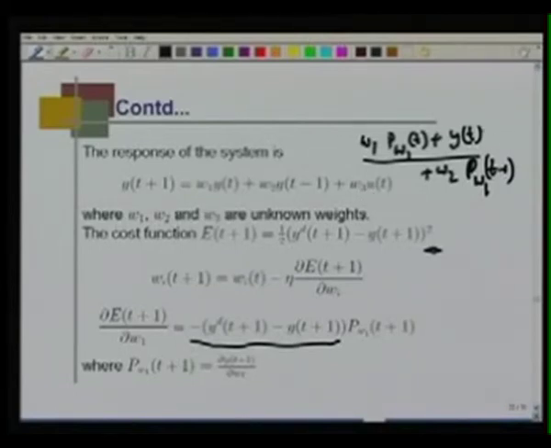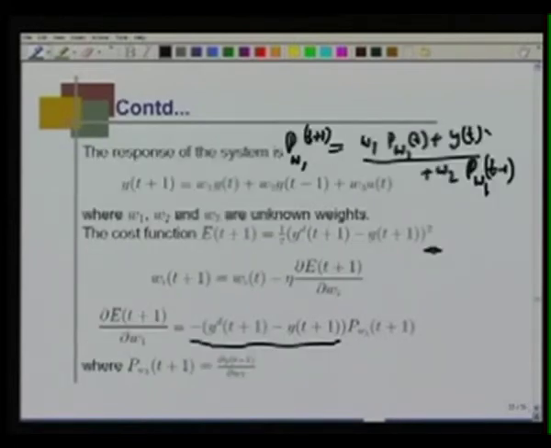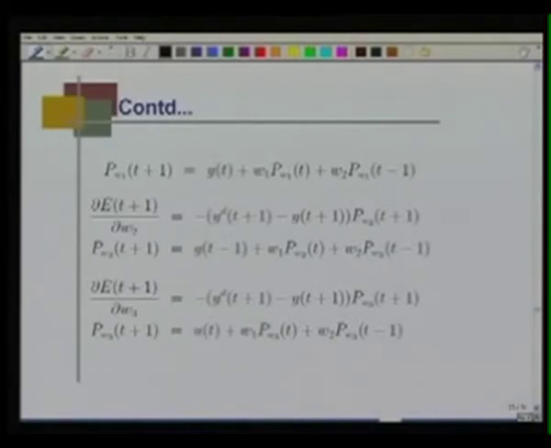So, this is your derivative with respect to W1, that is P W1 t plus 1. So, if I look at this same thing, yt, W1 P W1 t, W2 P W1 t minus 1, which we showed here. Similarly, we can find out what P W is, because how many weights do I have? 3 weights. So, we will have 3 gradient information P W1, P W2, P W3, right.